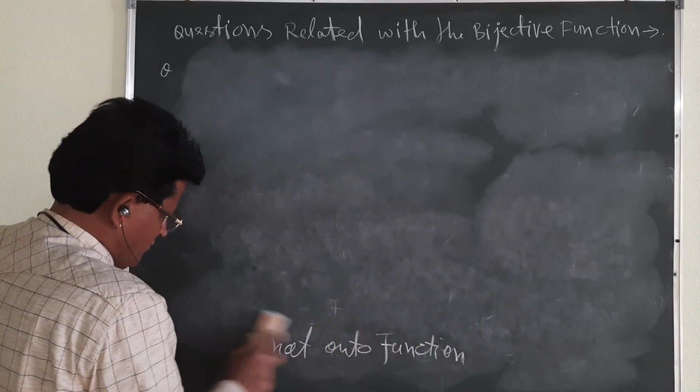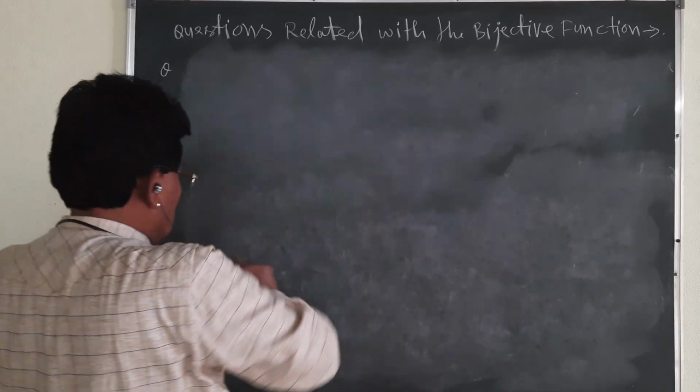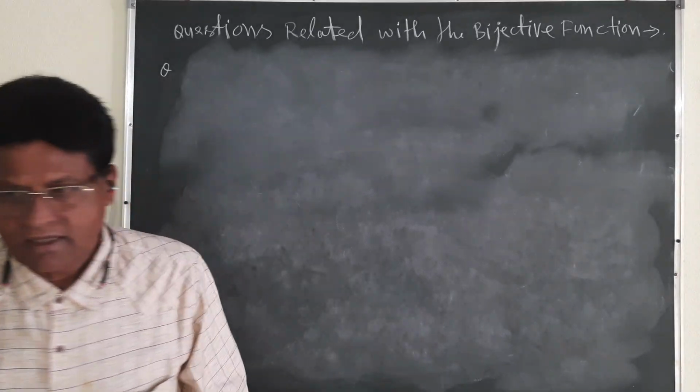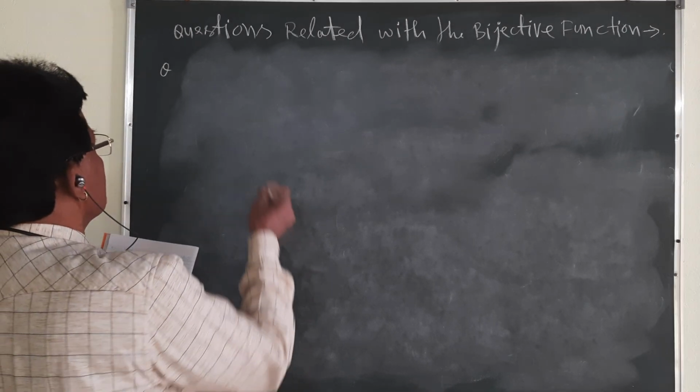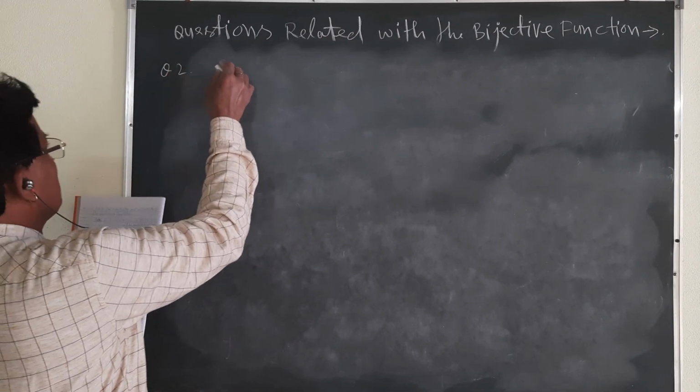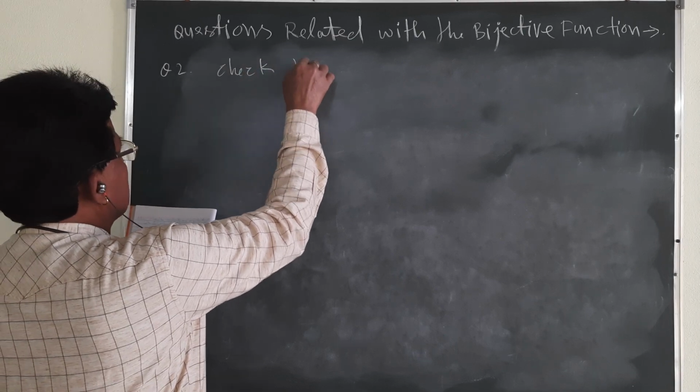If you see the sample paper, each and every question which I am going to discuss here is given in the sample paper. Let me take another question which I have collected to understand. Check the injectivity and surjectivity of the following function.